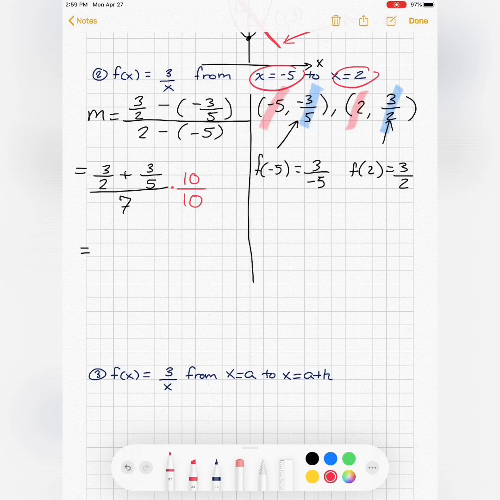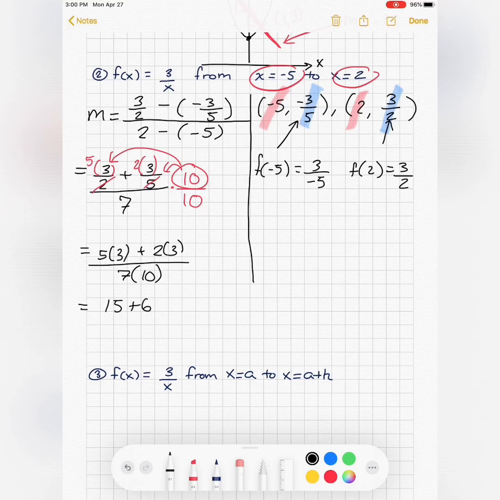So I distribute the 10. 10 divided by 2 leaves 5, so from that first fraction I have 5 times 3. What about the second fraction? 10 divided by 5 leaves 2, so I have 2 times 3. The bottom, it's just multiply straight across: 7 times 10.